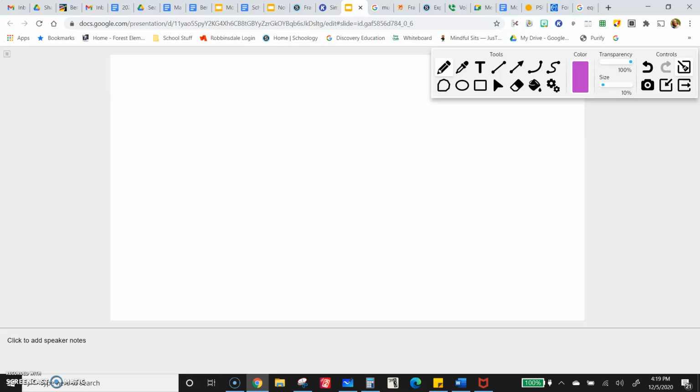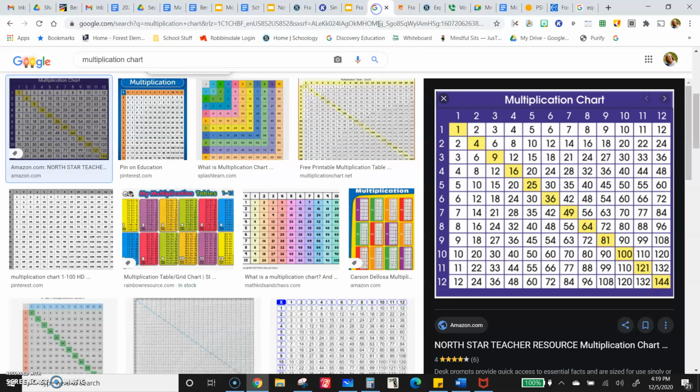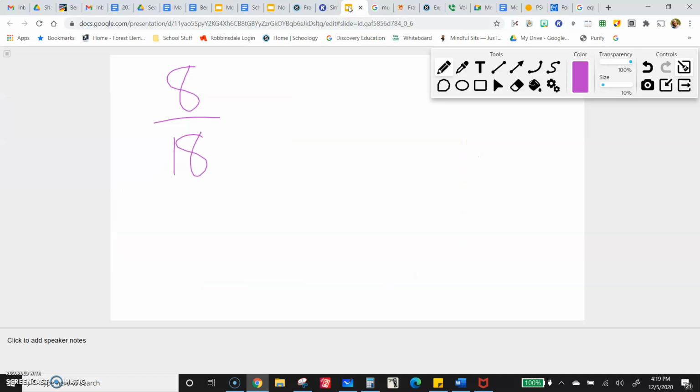Now, if I have something like 8/18, let's see. I'm going to go back to my chart. I need to find a row that has both 8 and 18 in it. Okay, I see 8 right here. Oh, but 18 isn't in that row. Let's go back up. 8, 18. Okay, they're both in the 2 row as well, just like the last one.